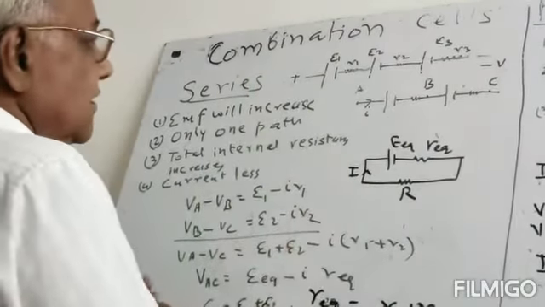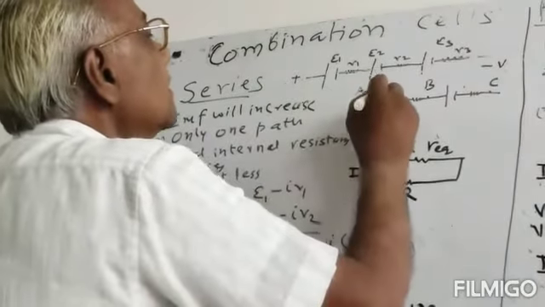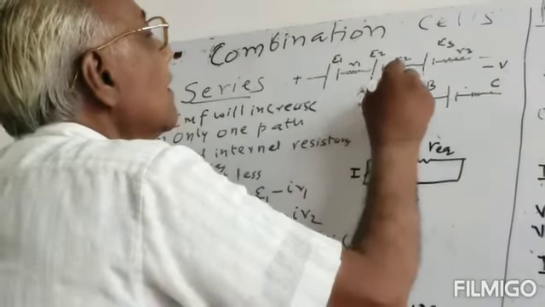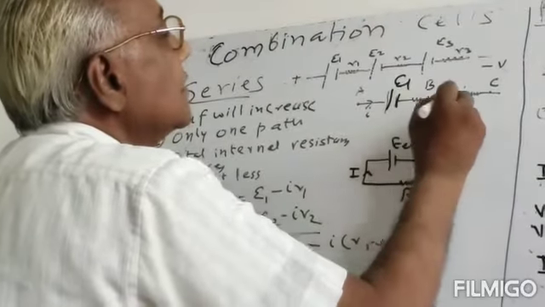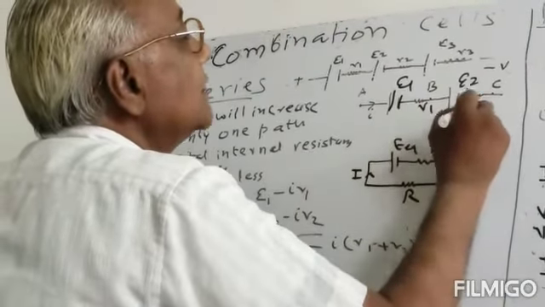One cell has EMF E1 and resistance R1, and this is E2, resistance R2.